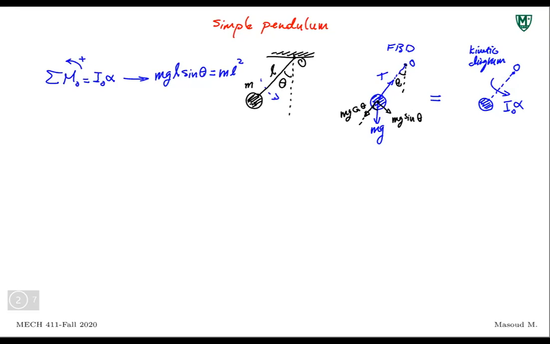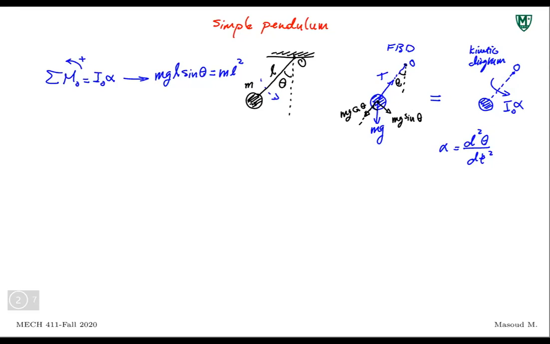And what is alpha? Alpha is the angular acceleration, right? What is angular acceleration? Well, angular acceleration is nothing but the second derivative of angular displacement with respect to time. What was alpha? Alpha was d squared theta over dt squared, the second derivative of theta, which is the angular displacement, with respect to time.